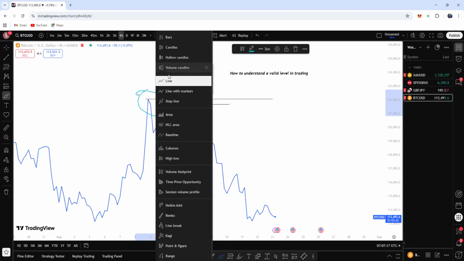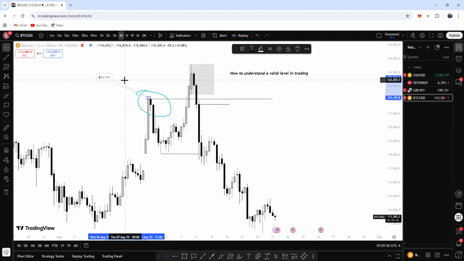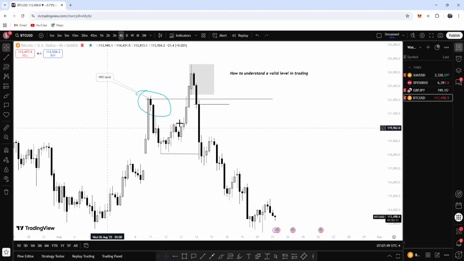I just showed you some, not quite long. This is HNS level, head and shoulder level. We broke it upward, then broke it downward again. So this is HNS level.